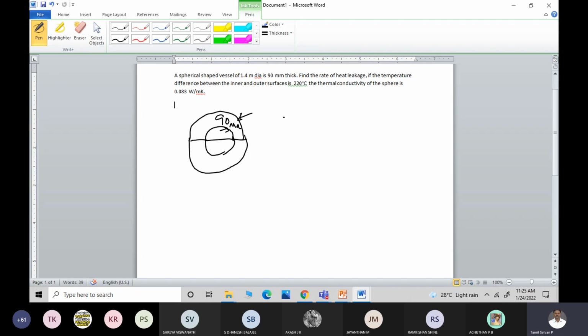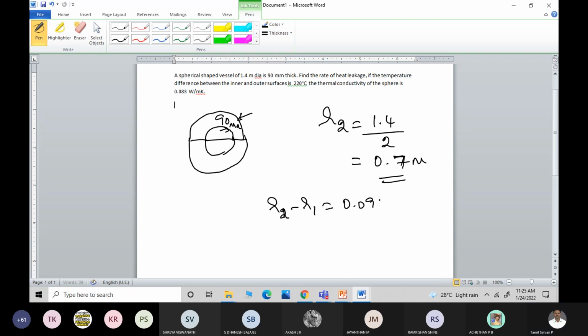So the dia is 1.4 meters. R2 will be equal to 1.4 divided by 2, it is 0.7. Am I correct? Now R2 minus R1 is equal to 90 mm, 90 into 10 power minus 3, it is 0.09 meters.